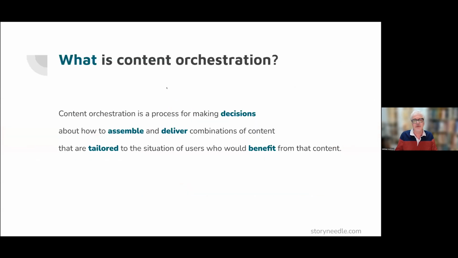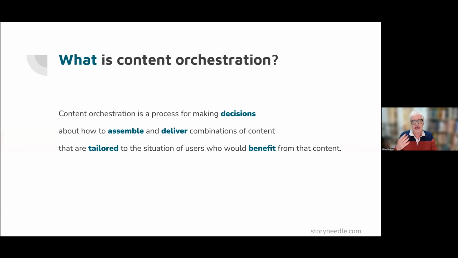So I have developed my own definition of content orchestration, and it's as follows. Content orchestration is the process for making decisions about how to assemble and deliver combinations of content that are tailored to the situation of users who would benefit from that content.